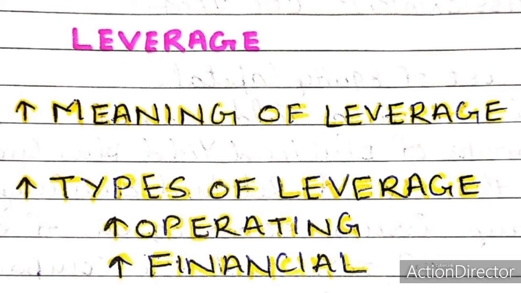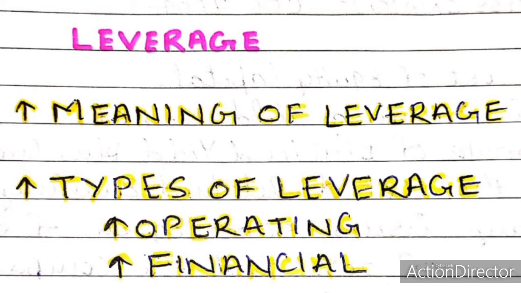The mix of these various sources of funds is known as financial structure or capital structure. The financing or capital structure decisions are very significant for the management of a firm. These decisions affect the debt-equity mix of the firm.